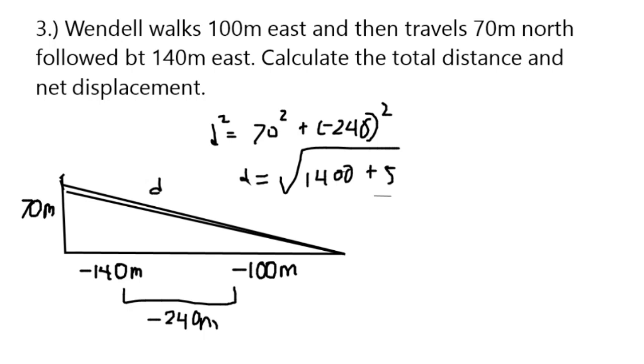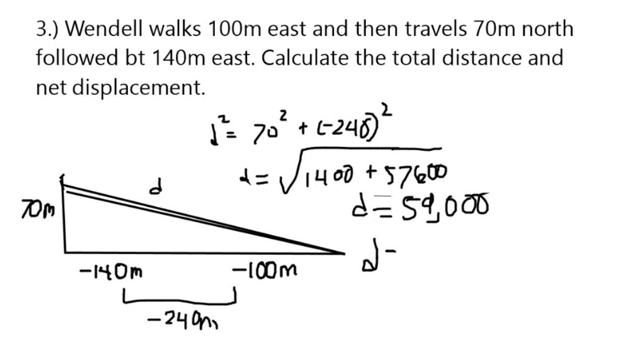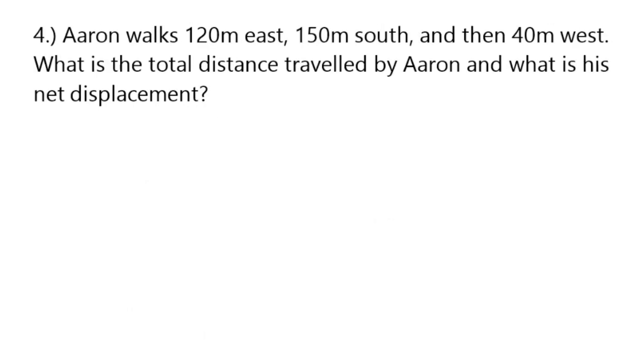And then negative 240 squared is 57,600. So 1,400 plus 57,600 is 59,000. And then we take the square root of 59,000, and we will have 242.8 meters. So that is Wendell's total displacement.